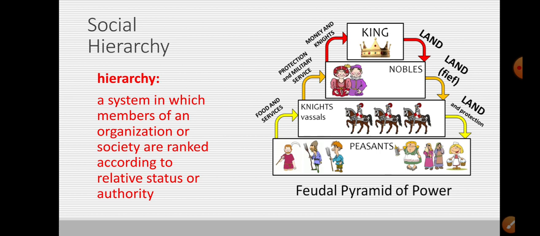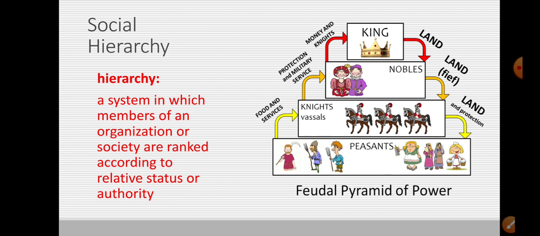They are the lower class in this social pyramid. Also, of course, there were slaves in the medieval English society, but they were classless, so they would not even fit in this hierarchy. So they would be pretty much under the peasants. Now, what does each class do for getting land from the social class above them?